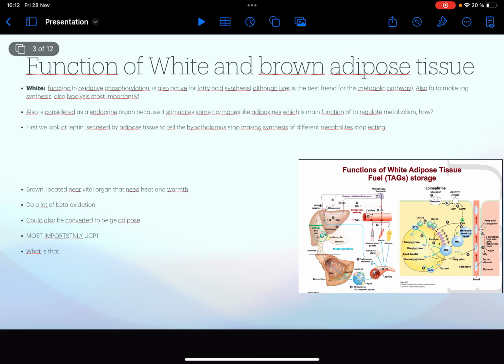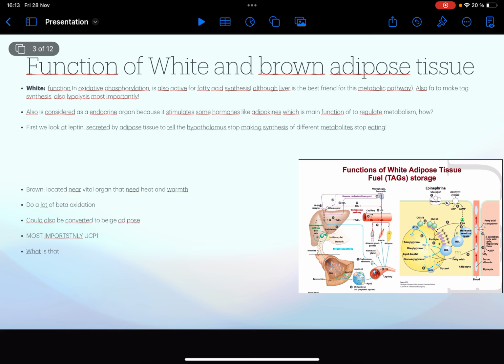And what is UCP1? UCP1 is an uncoupling protein, so it uncouples the ETC. What happens here is that the hydrogen that usually leaks out in the ETC and goes back to the ATP synthase is not going back through the synthase, but is going back through this uncoupling protein UCP1. This will not give us energy, this will not give us ATP, but it will provide heat.